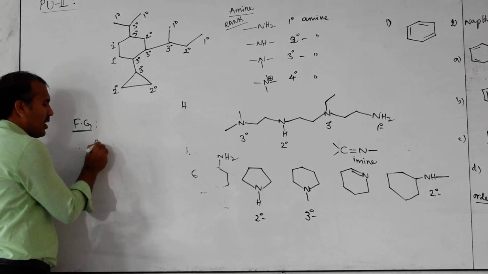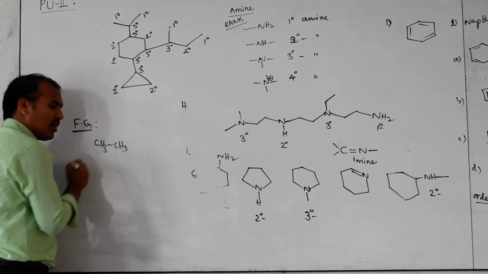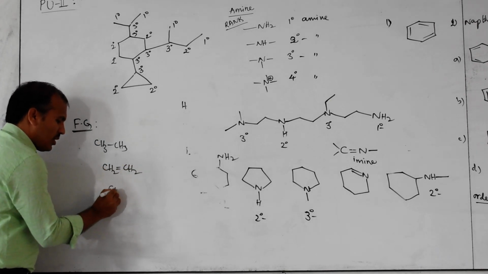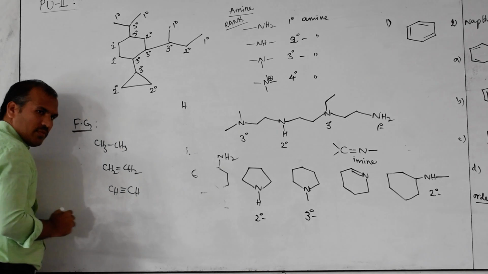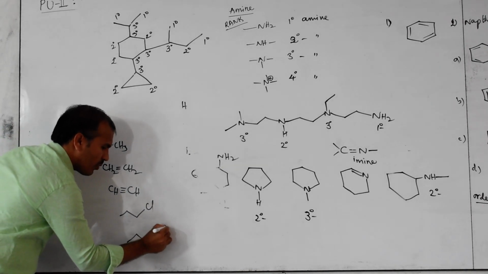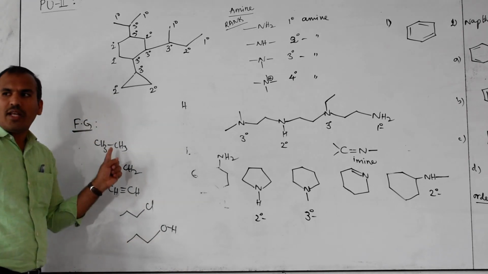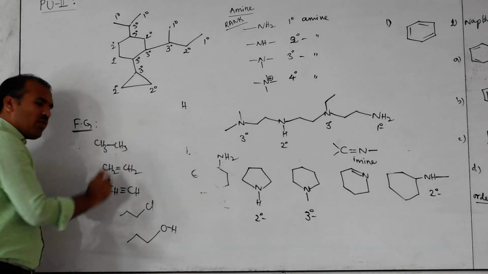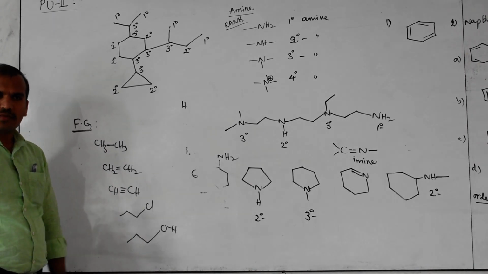Now consider CH3 CH3, ethane; CH2 double bond CH2; CH triple bond CH; then Cl, OH. Compounds like these are there. Is this single bond a reactive part or not?